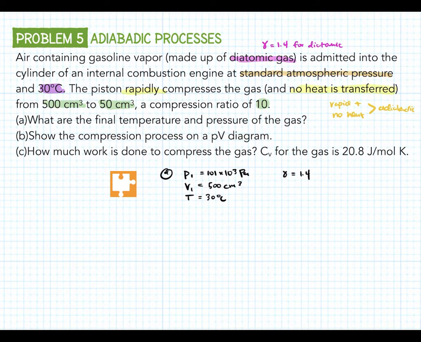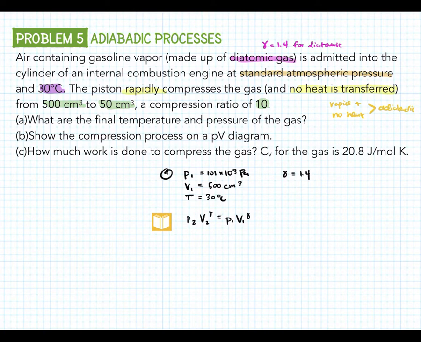So looking at our equations for an adiabatic process, we have this ratio: pressure final, which in this case would be pressure 2 because we're going from 1 to 2, times volume 2 to the gamma is equal to pressure 1 volume 1 to the gamma.